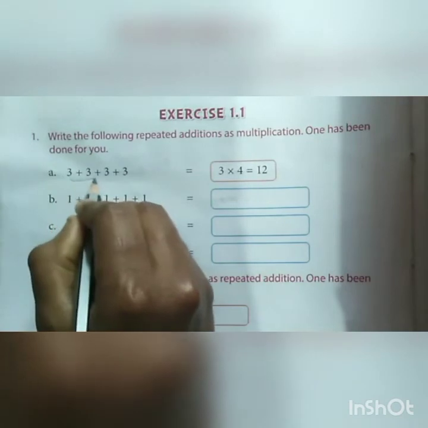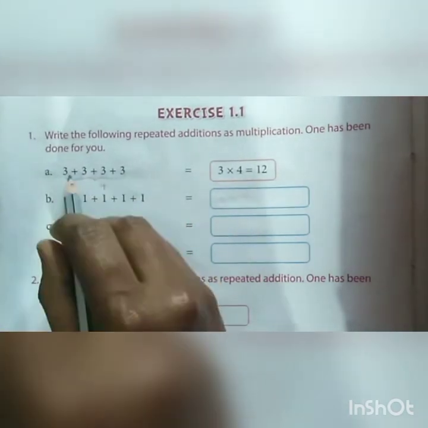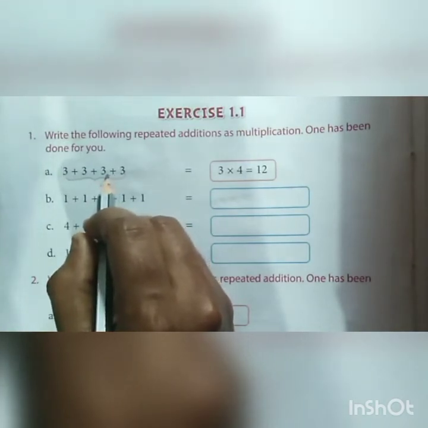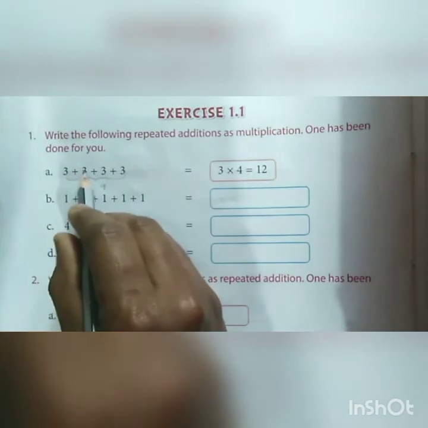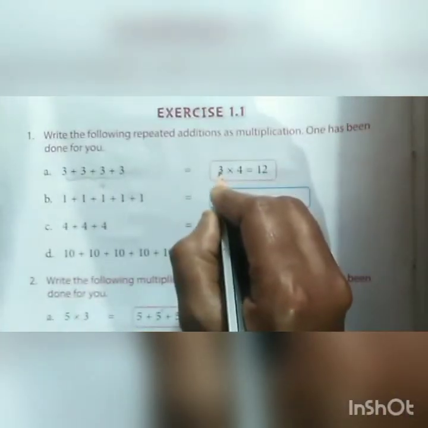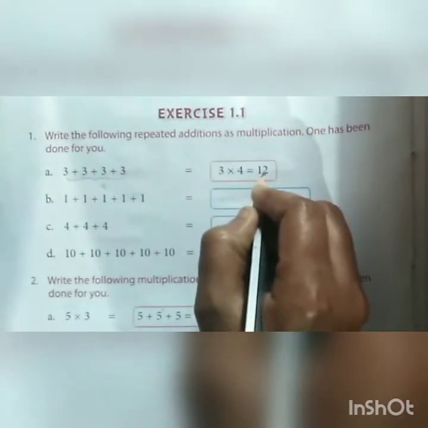So here 3 is repeated 4 times, isn't it? So we can write it as 3 into 4. We know that 3 fours are, yes, 12.